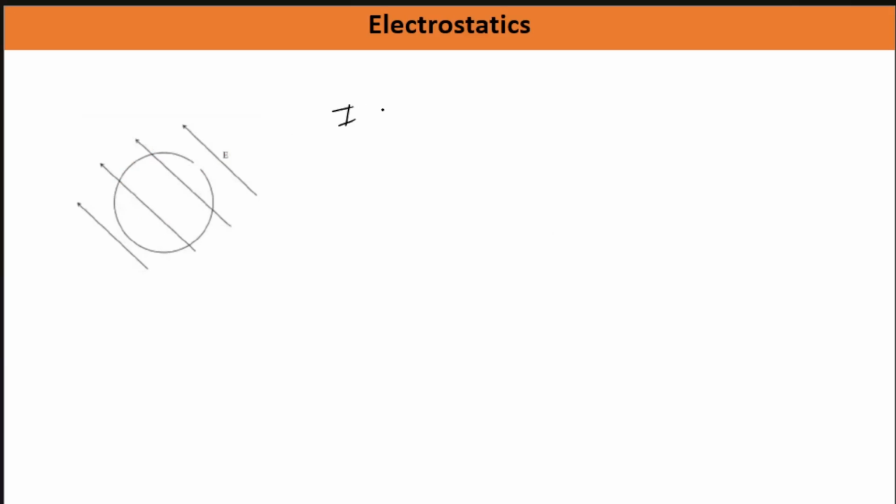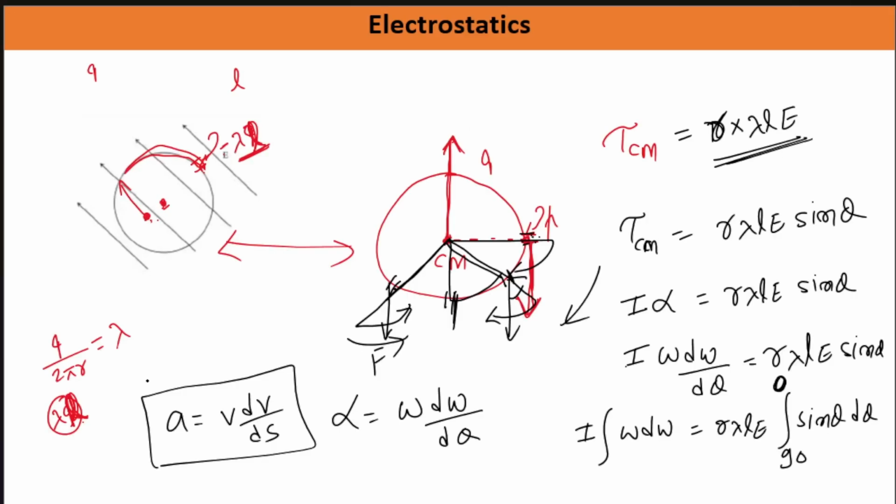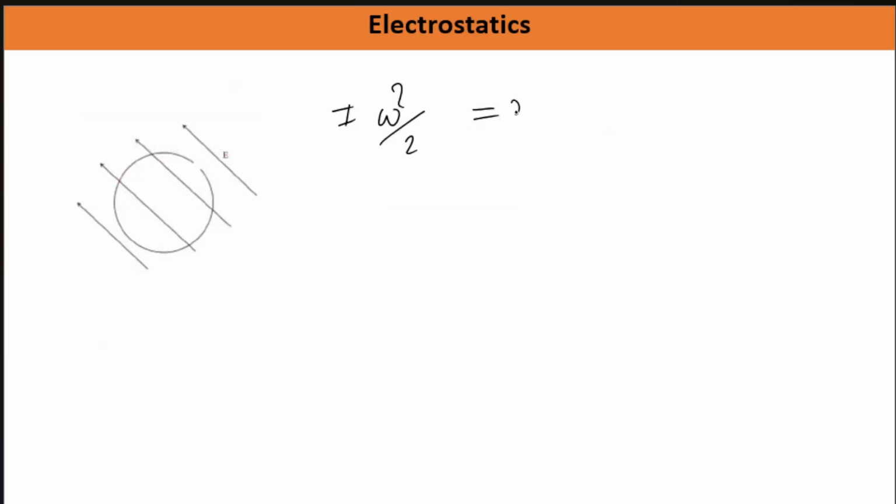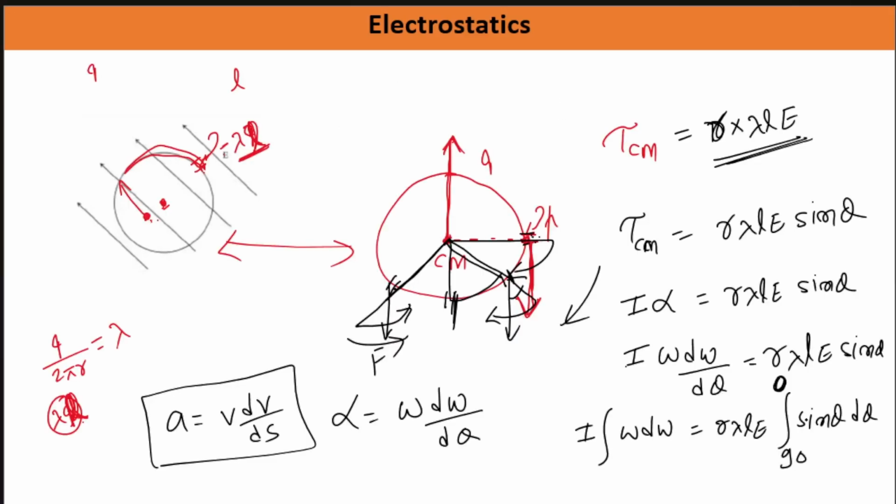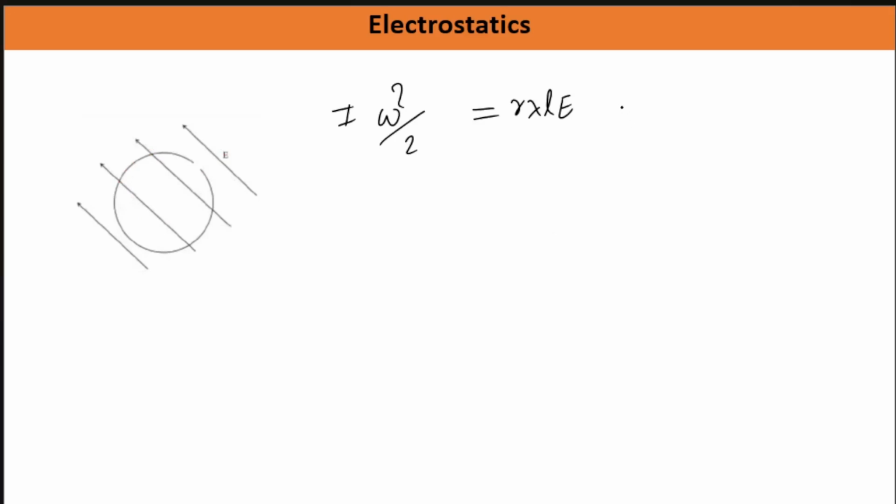So I omega square by 2, omega will vary from 0 to omega, equal to R lambda L E times the integral of sine theta d theta, which becomes minus cos theta, from 90 to 0. So this will become cos 0, that is 1, minus cos 90. So this will be minus 1.